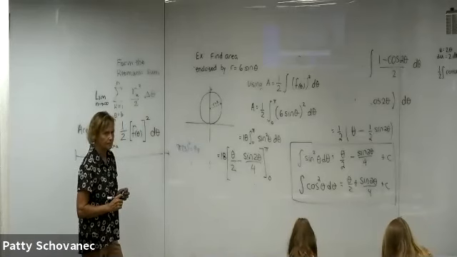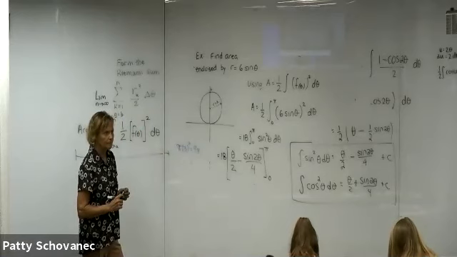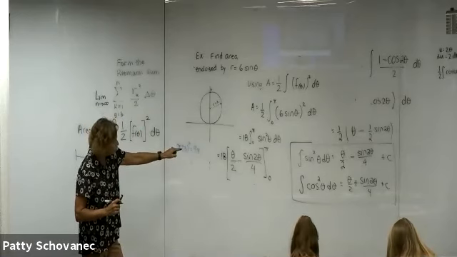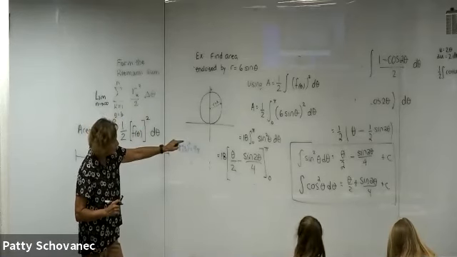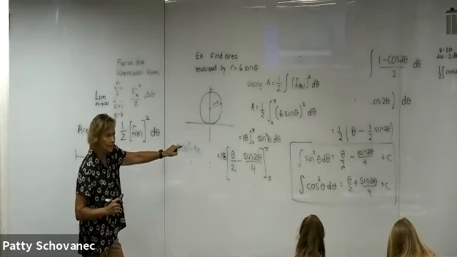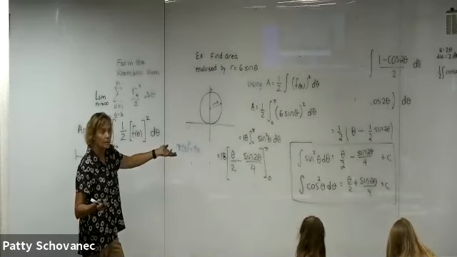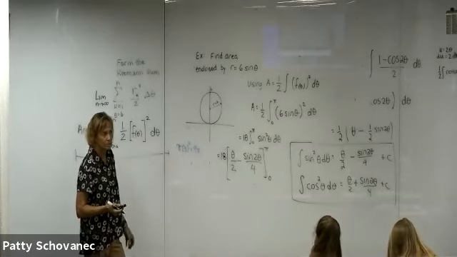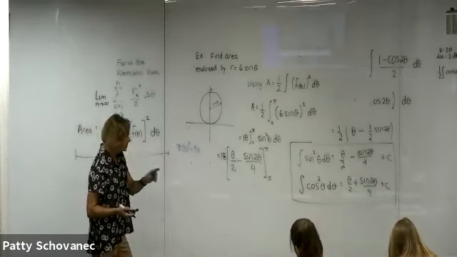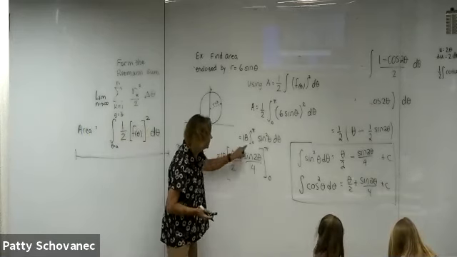Okay. Look at that second term there, 2 theta. I'm going to substitute pi for theta and 0 for theta. So I'm going to compute the sine of 2 pi and the sine of 0. I know those numbers. Those are both going to be 0. So this term doesn't even provide me anything other than 0.